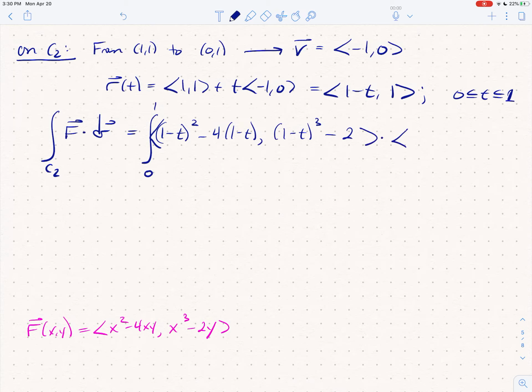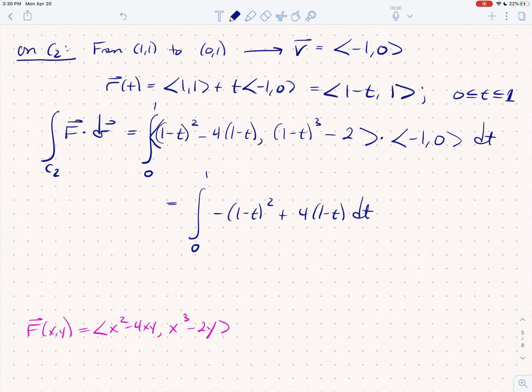And then I'm going to multiply with the dot product here. The derivative, r prime in this case, is negative 1, 0. I like the 0 a lot because that actually wipes out this whole term. And so this just becomes the integral from 0 to 1 of negative (1 minus t) squared plus 4 times (1 minus t) dt.